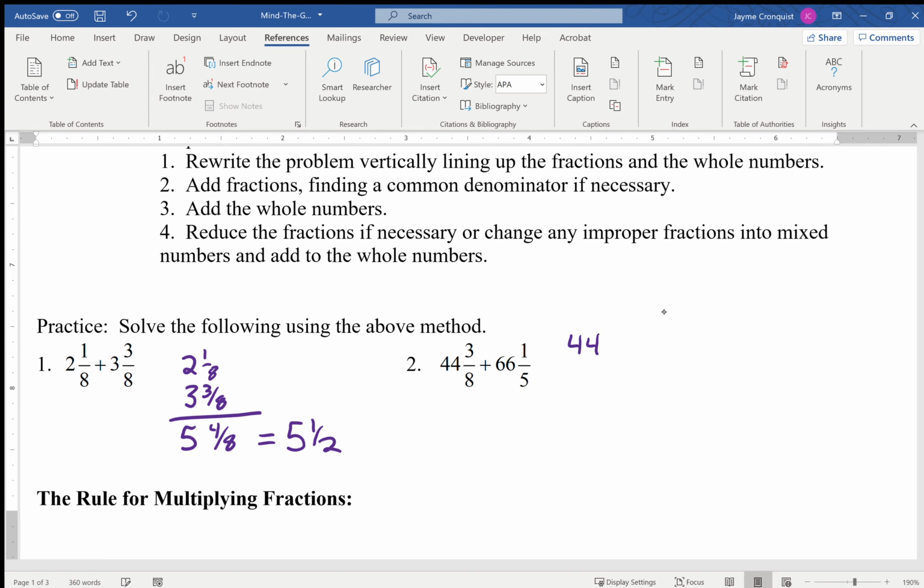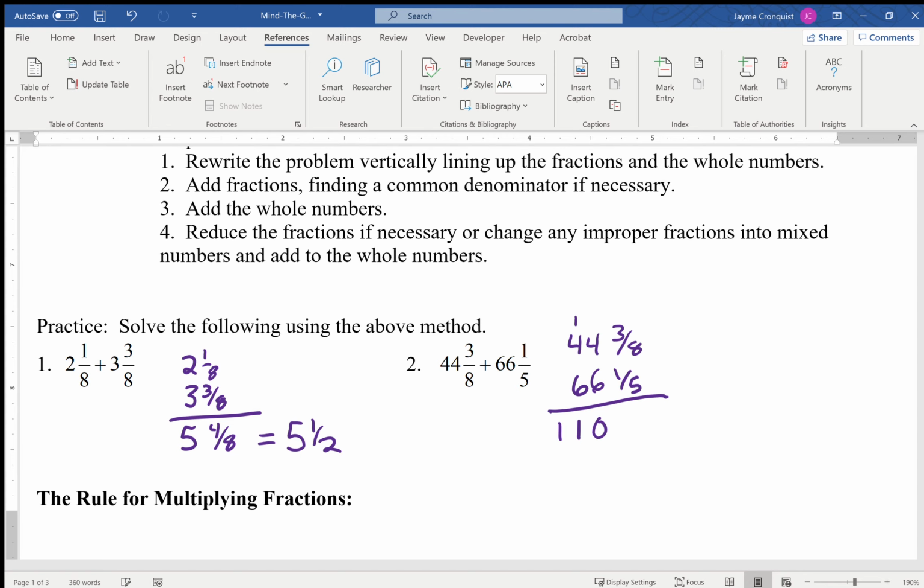44 and 3/8, 66 and 1/5. When we go to add those, we can't add those fractions, so we're going to have to do a common denominator on that. 6 and 4, so 4 and 6 is 10, 0, carry the 1, and plus the 1 makes 11.